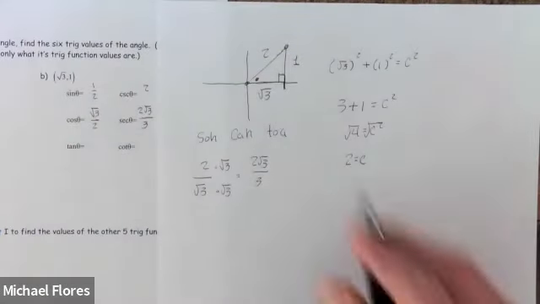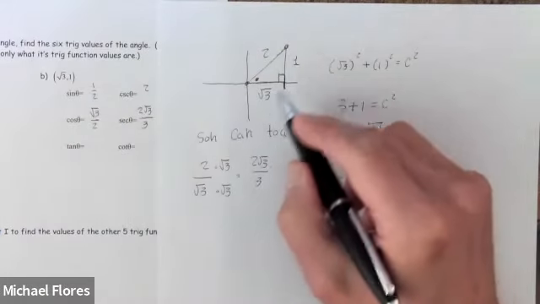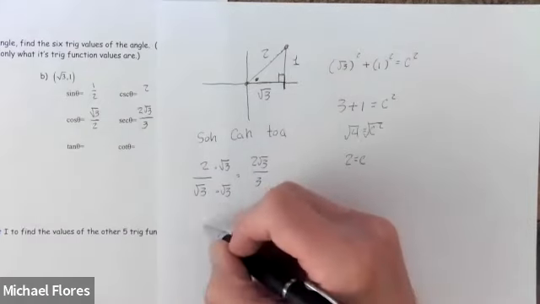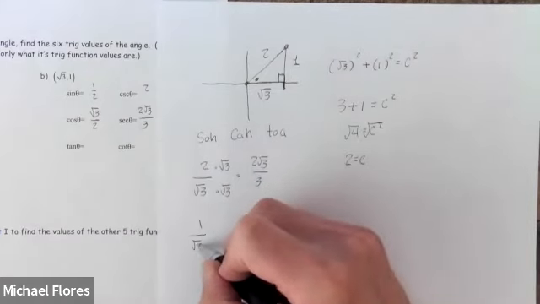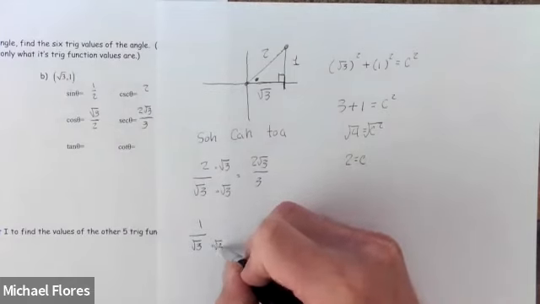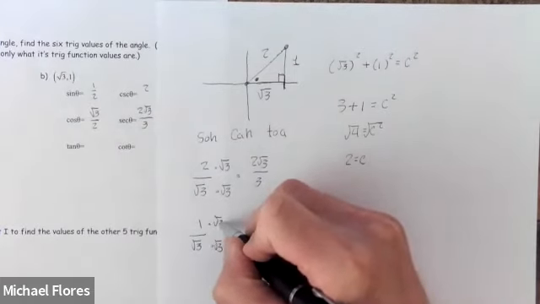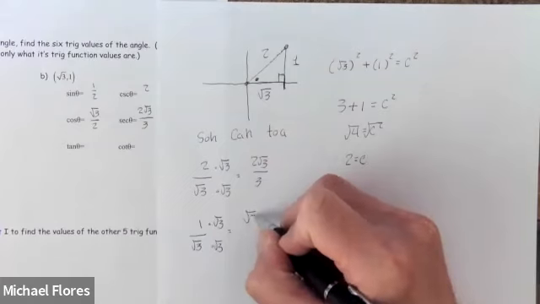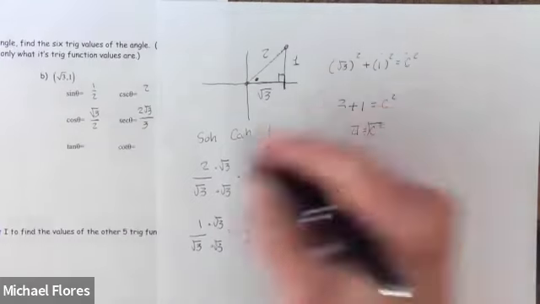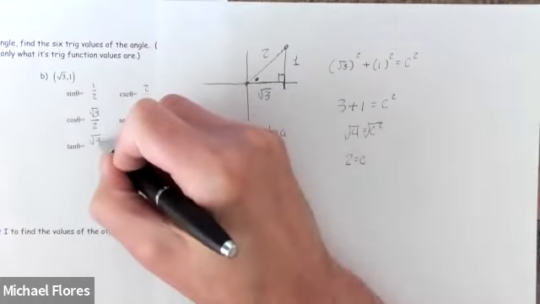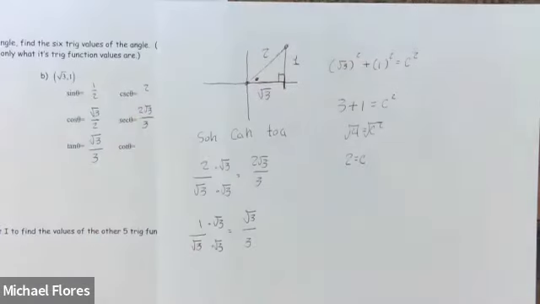And then tangent of theta, opposite over adjacent. Well, that would be 1 over root 3. And then cotangent of theta.